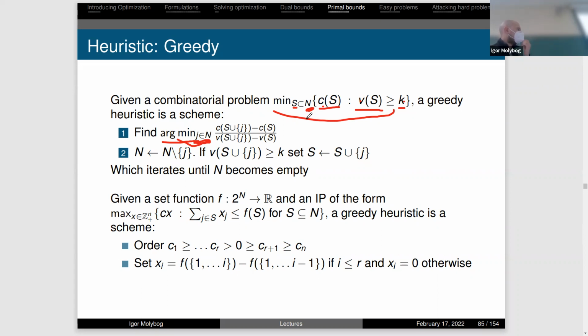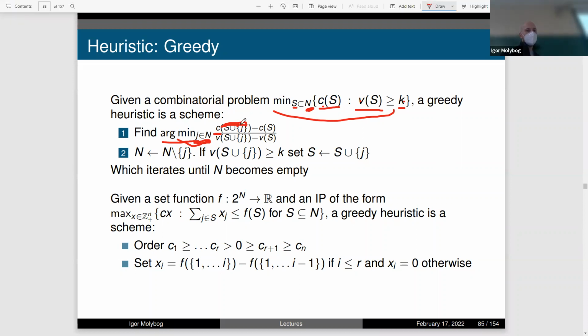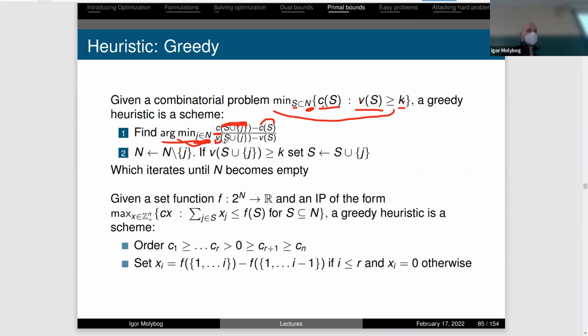What this objective function is saying is that the cost of the current set with the element J minus the cost of the set without this element J, divided by the value of the feasibility function of the current set with the element J minus the feasibility function of the set without this element J, must be as small as possible.